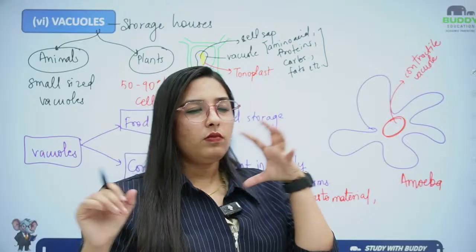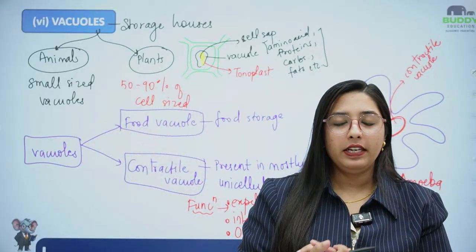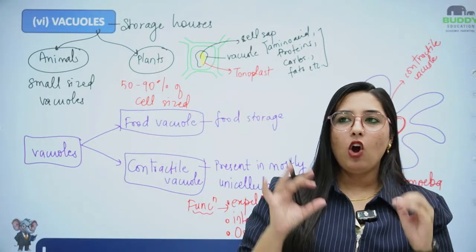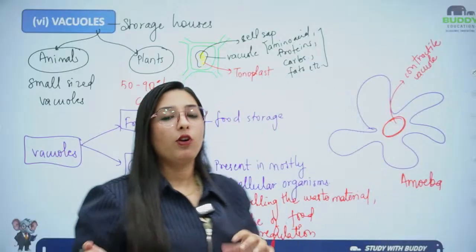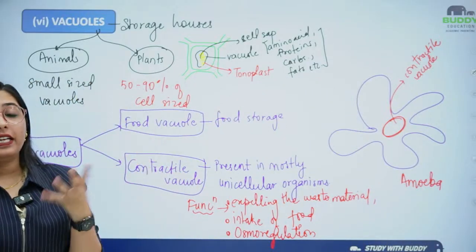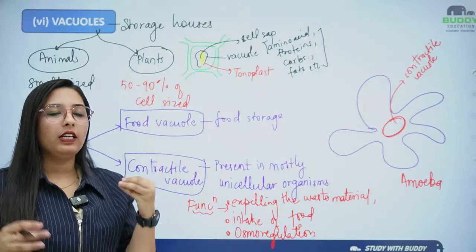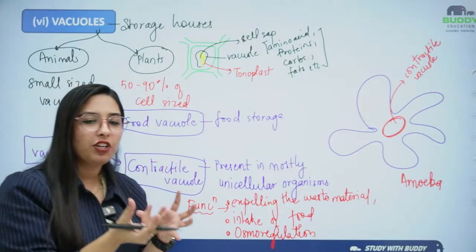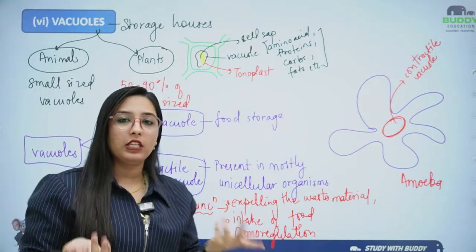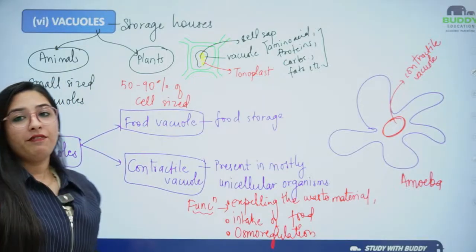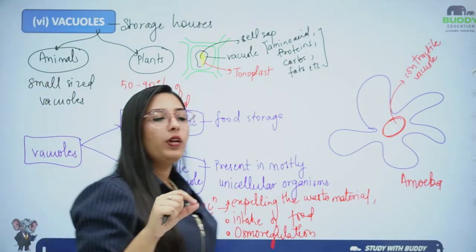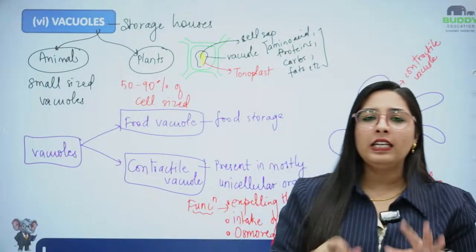When these unicellular organisms are there, they do not have a proper organ system. That's why they need a specialized structure that can perform multiple and various functions regarding food, water and the maintenance of the body.